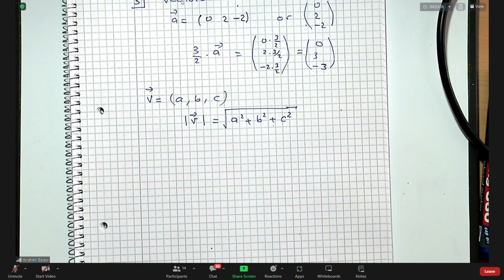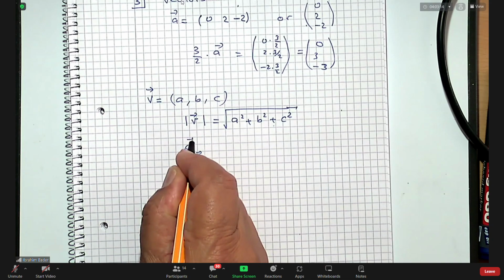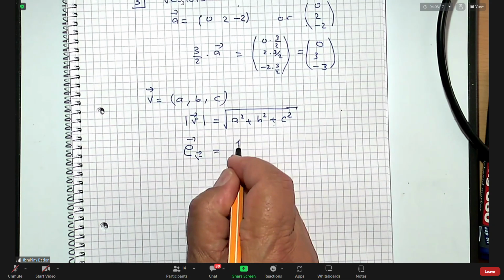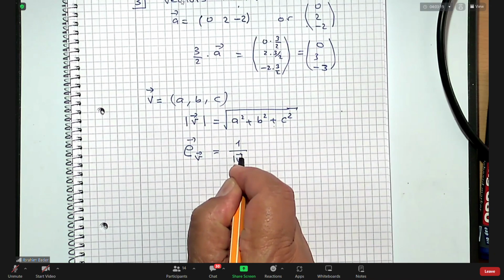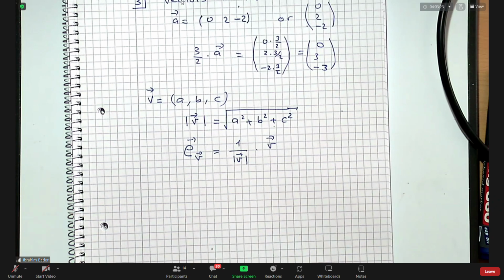Okay. Now the unit vector of V is simply equal to 1 over the magnitude of V times the vector itself. I just multiply by the reciprocal, it's just like multiplying 5 by 1 over 5 to get 1. So here we multiply by the reciprocal of the magnitude.